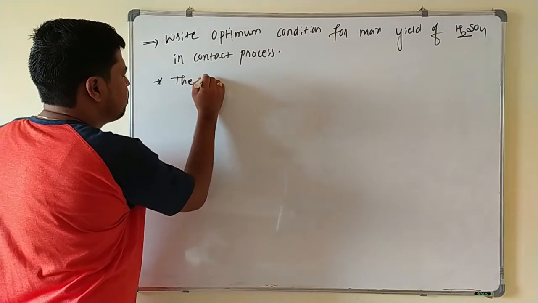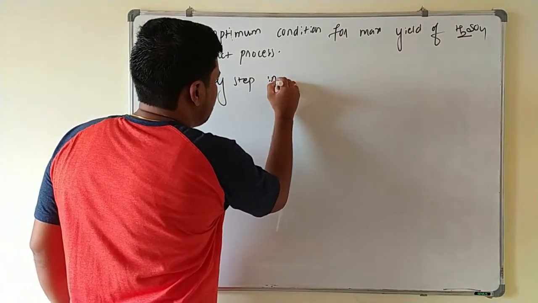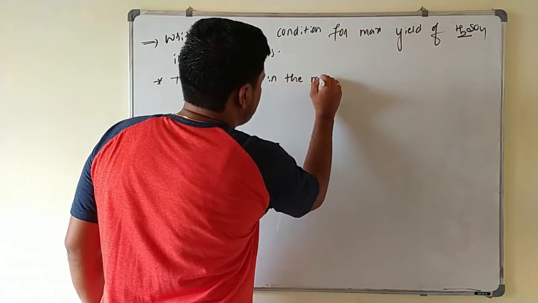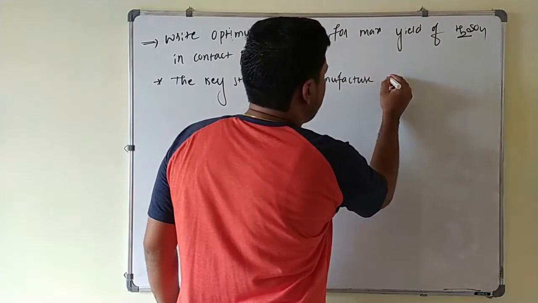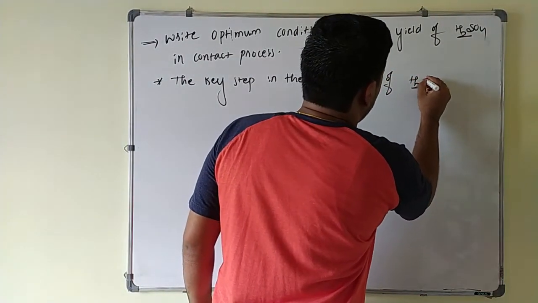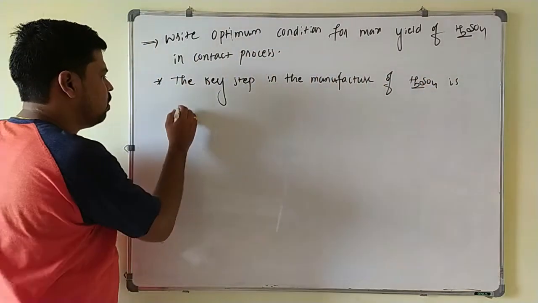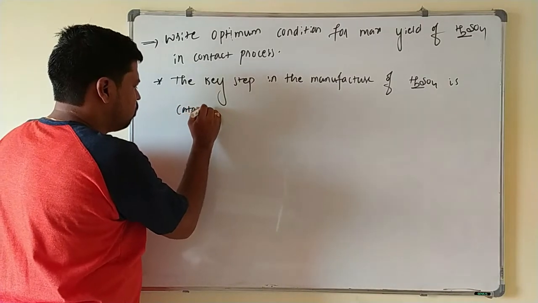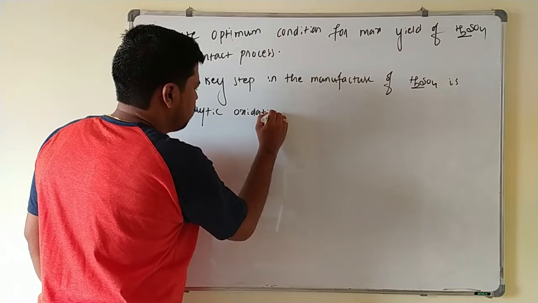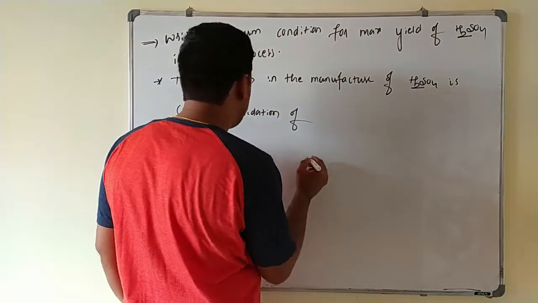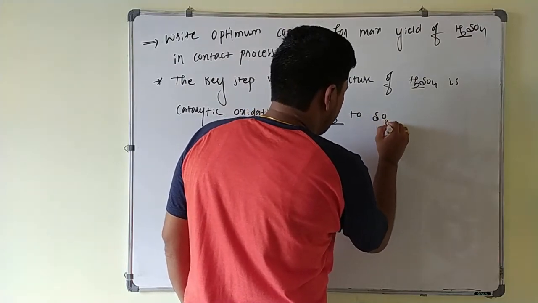The key step in the manufacture of H2SO4 is catalytic oxidation of SO2 to SO3.